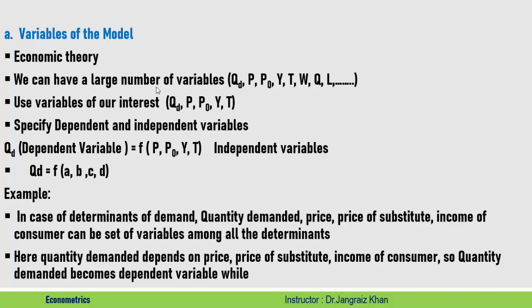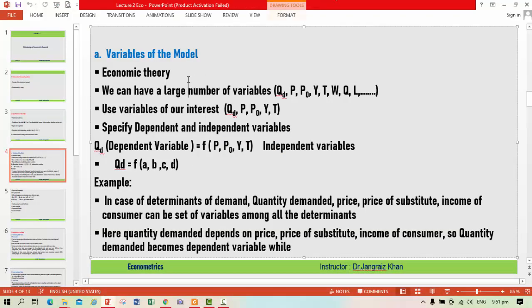Let us discuss the steps one by one, out of which the first one is the variables of the model. As we discussed in the first step, first an economic theory is presented. We have a statement of the theory. We are taking here the determinants of demand. Suppose we want to know the determinants of demand.